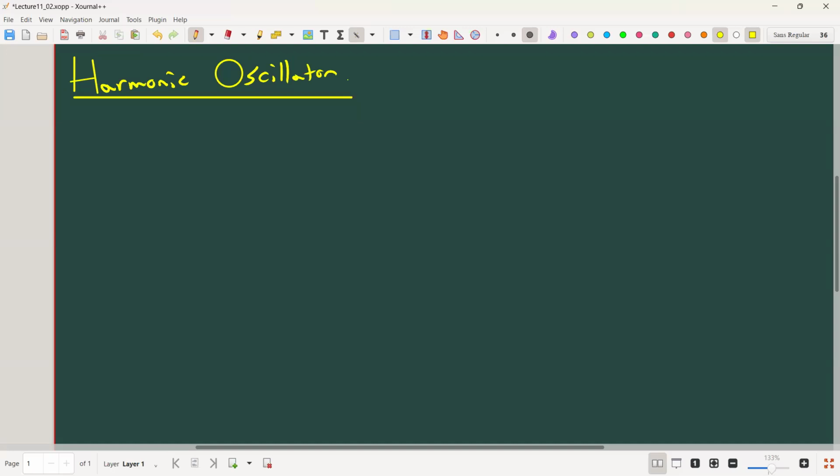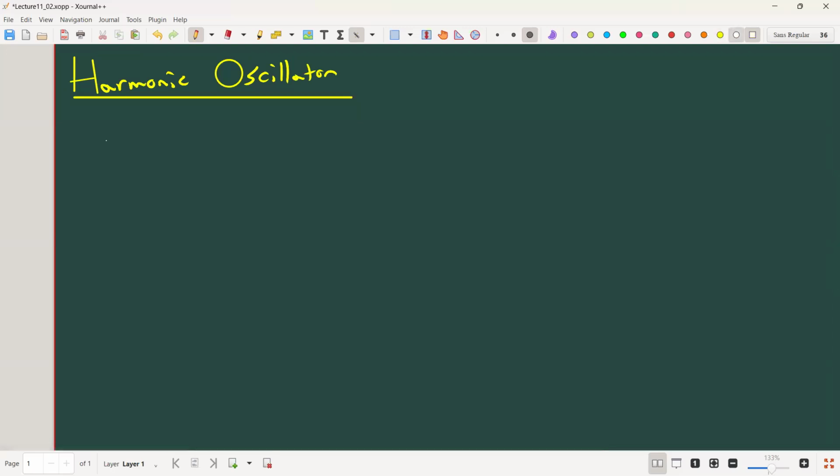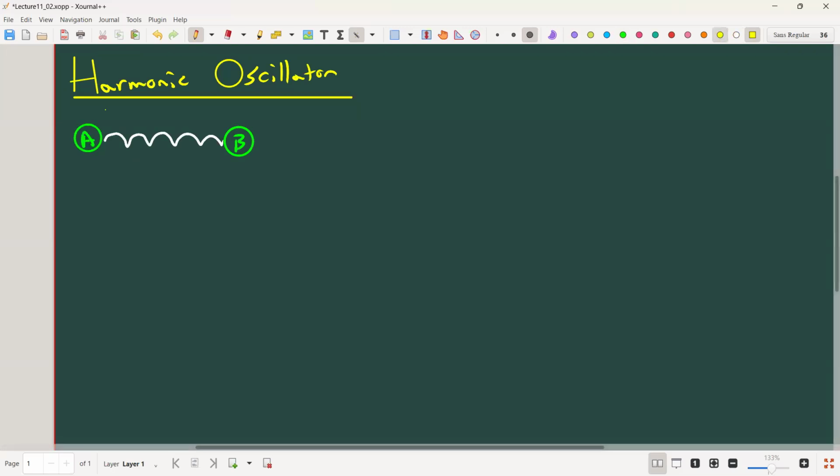So we've got a spring attached to two masses, A and B. Remember we give it some length, that's a displacement from the equilibrium, L naught. So we're stretching or compressing it, some relative coordinate.